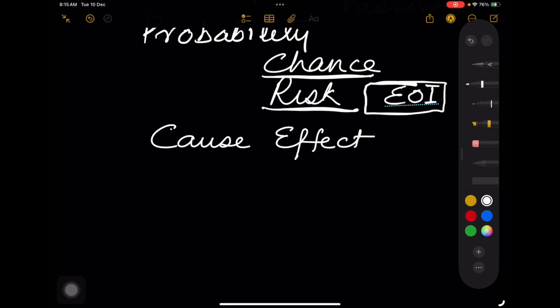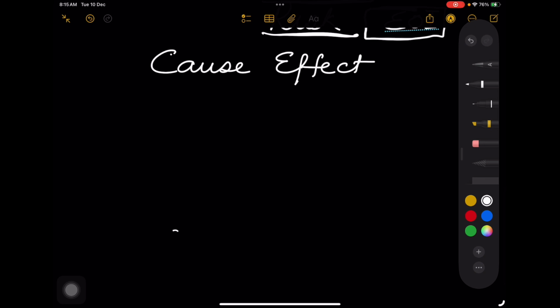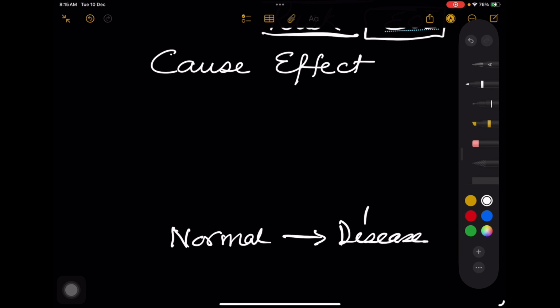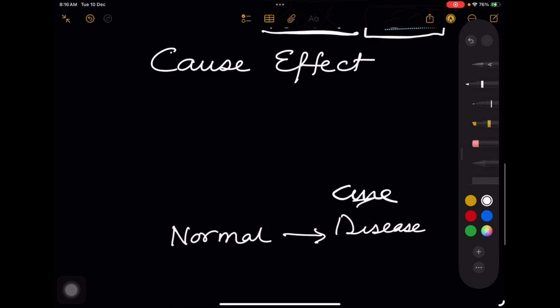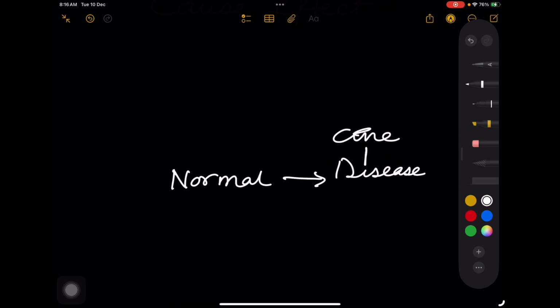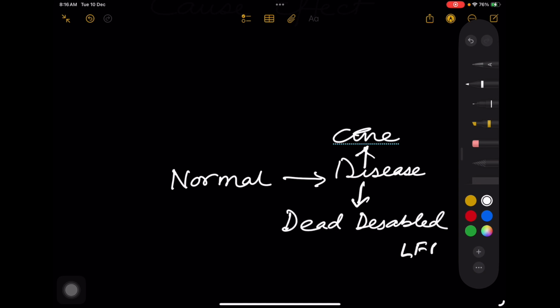So, in medicine, where the usual model is normal to disease to cure to dead, disabled, or lost to follow up. So, dead, disabled, or lost to follow up, which is in between.